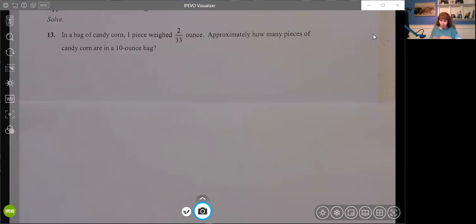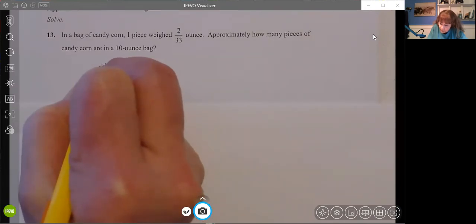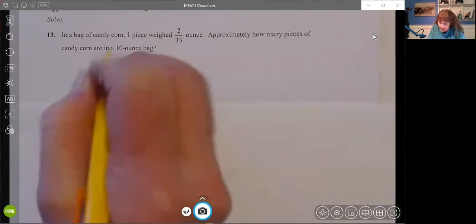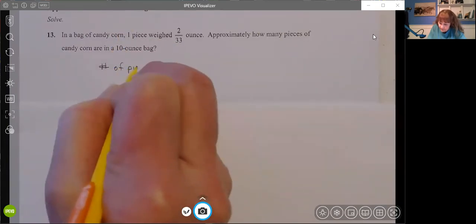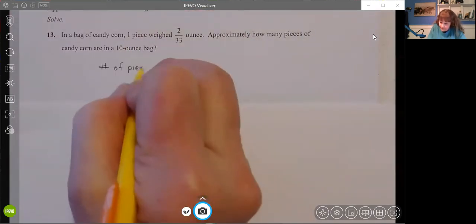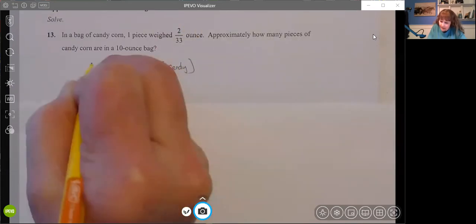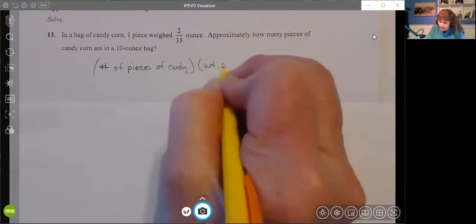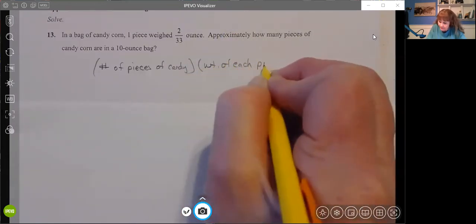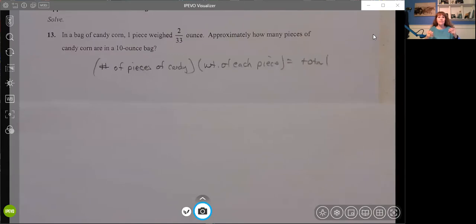All right, so what you've got here is the number of pieces of candy times the weight of each piece will give you the total. That's kind of the idea here. The number of pieces of candy times the weight of each piece would equal the total weight.